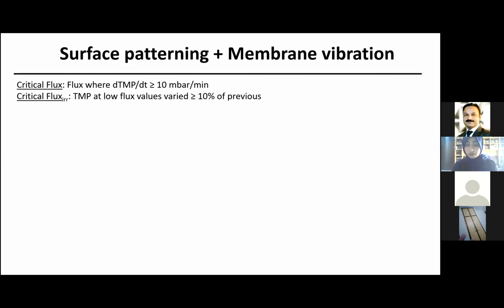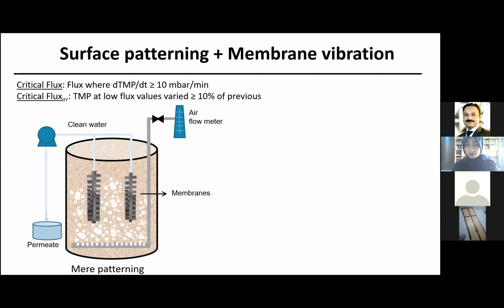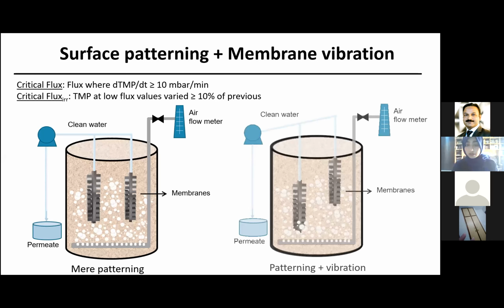Critical flux is a similar concept to critical pressure, where flux was increased in a stepwise manner, and we observed the pressure. There were two main scenarios for which this was determined: when patterning was applied in membrane bioreactors, and when it was combined with module vibration.